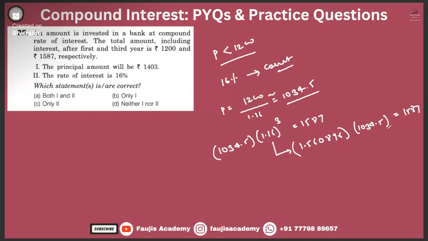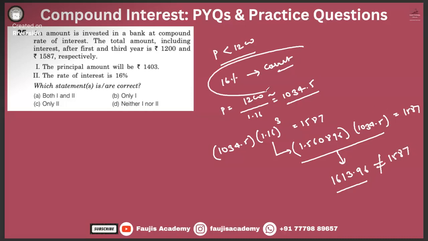So this value is essentially coming out to be 1613, which is not equal to 1587, which means what? Our assumption that 16% is correct is wrong, right? So what is the answer over here? The answer is D, neither one nor two.